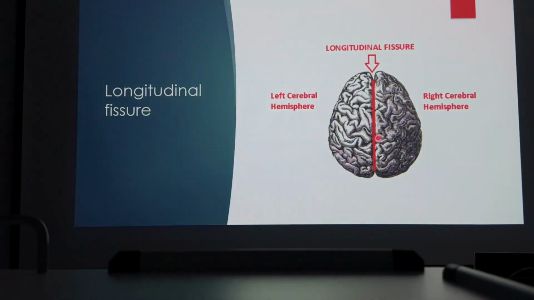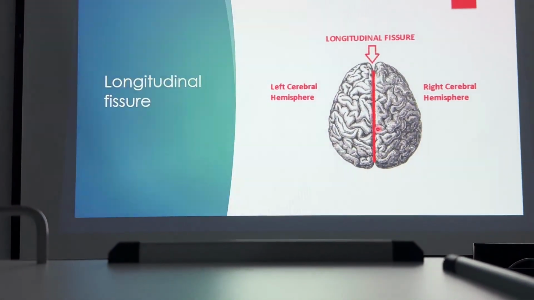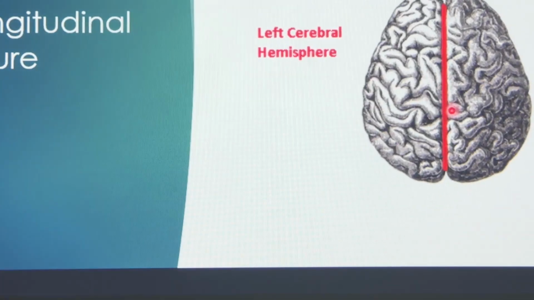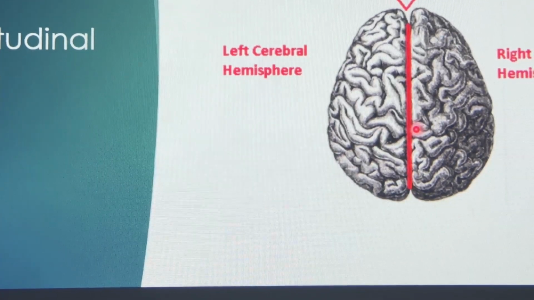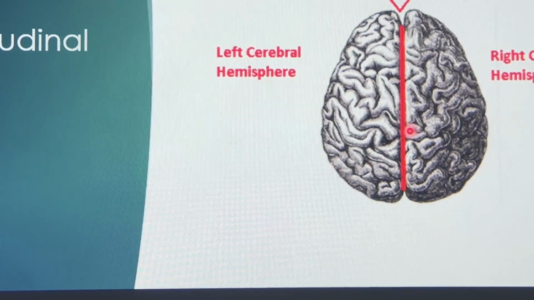This structure contains the superior sagittal sinus in the superior margin of the falx cerebri, which is the dura present along the longitudinal fissure, a major midline dural invagination.